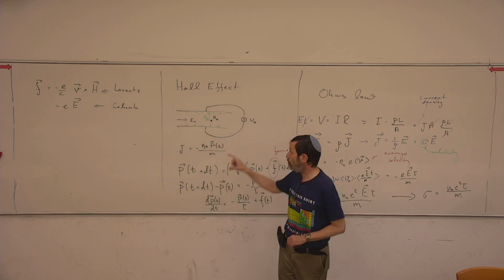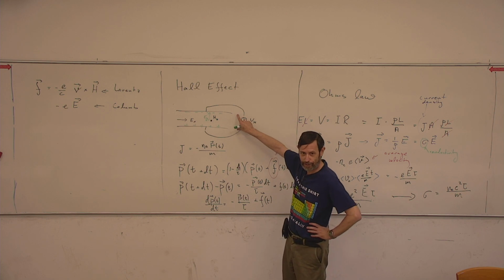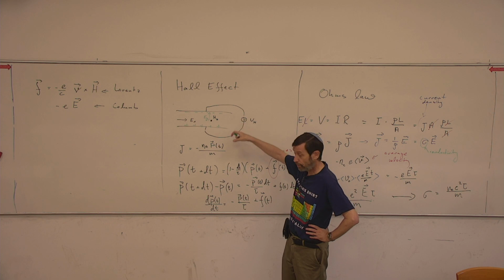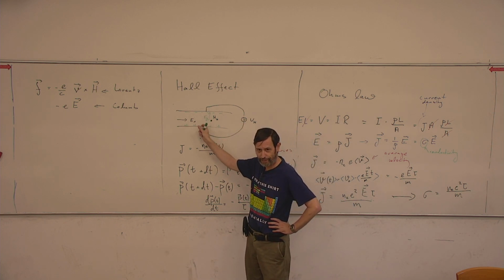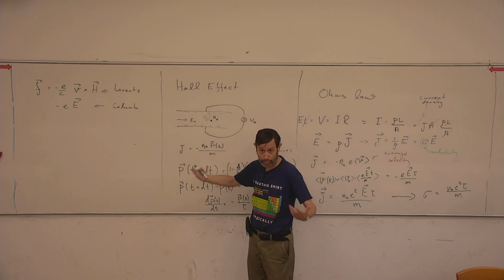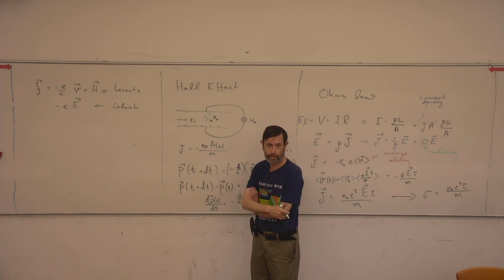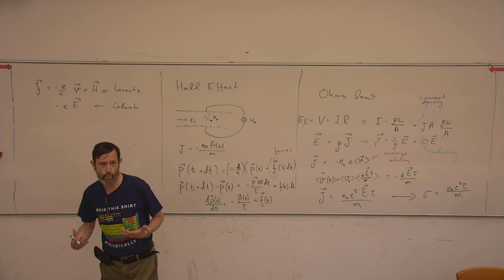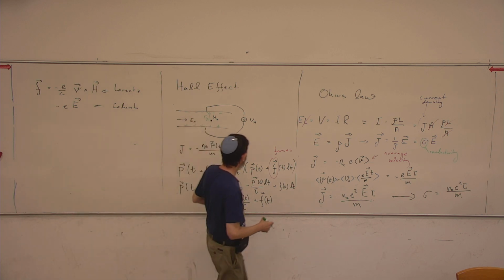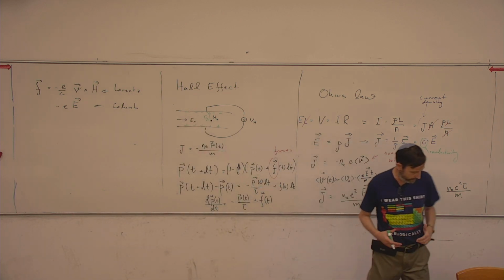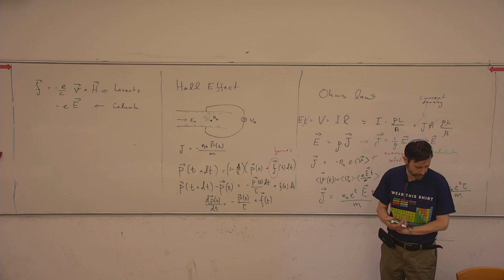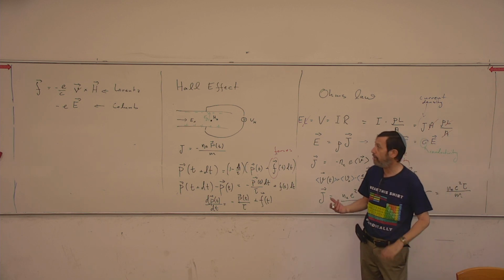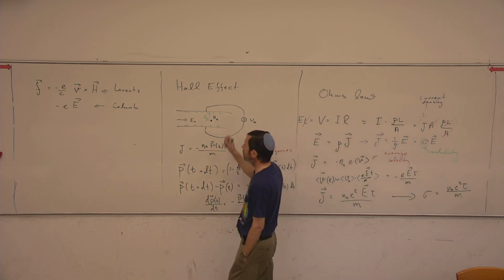That's the reason why I measure voltage here, because if I have an electric field over a distance, that gives me a voltage. So it gets to a steady state once the condition is that Ey is equal to what I get from the Lorentz force.